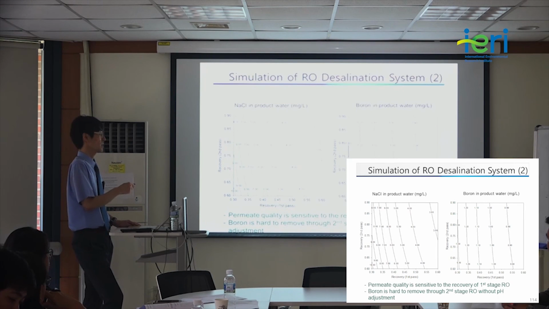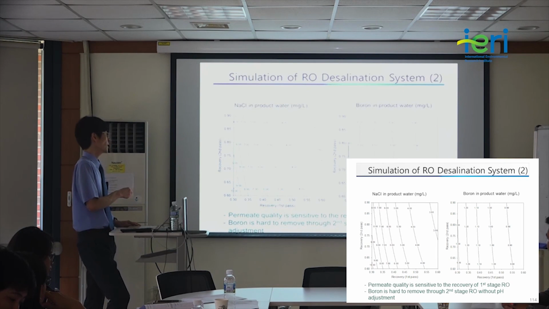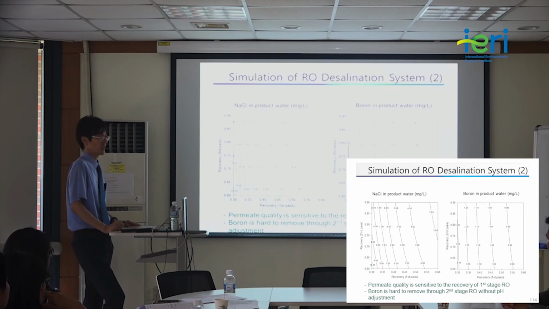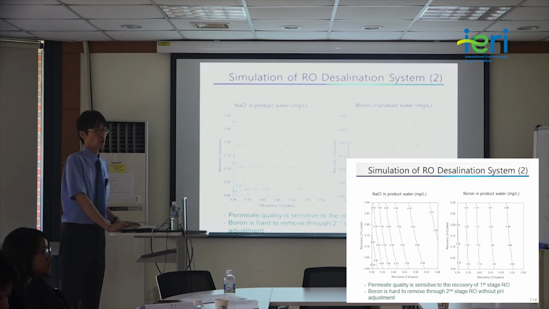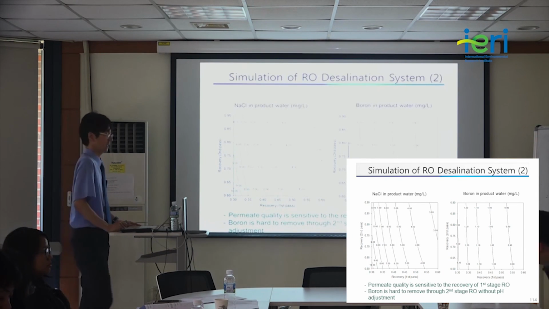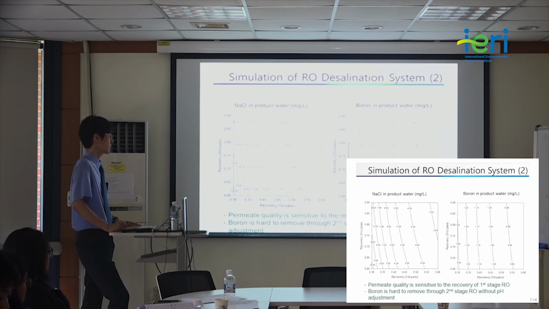So the concentration ranges from 10 milligrams per liter to less than 3 milligrams per liter. But it's not really surprising, because since we use the second pass reverse osmosis, almost all the salt is removed by the second membranes. But anyway, depending on the recovery, the water quality changes.